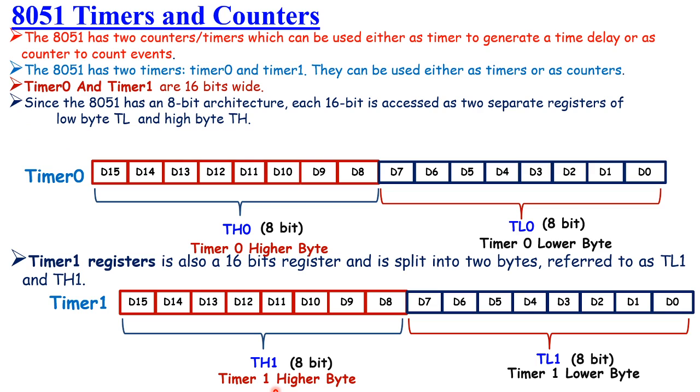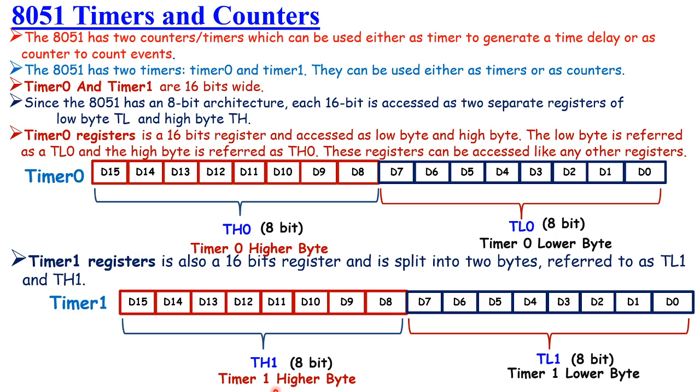Since the 8051 has an 8-bit architecture, each 16-bit timer is accessed as separate registers, the lower byte TL and the higher byte TH, as we discussed here. The timer 0 register is a 16-bit register having a lower byte and higher byte, TL0 and TH0.